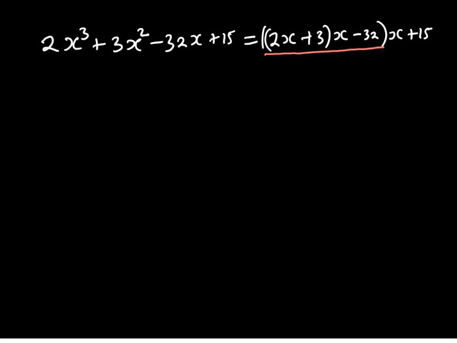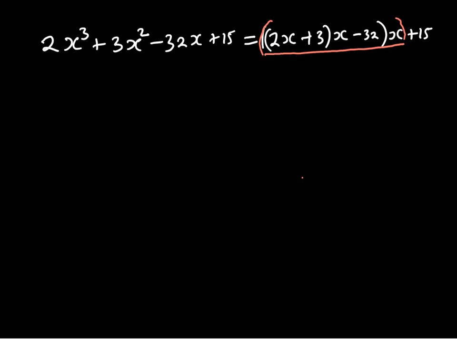Whatever comes from this part, when added to 15, must give us 0. So we conclude that this part will give us negative 15 if we substitute the x value. Now, if that is negative 15, then one of the x values must be a factor of negative 15.